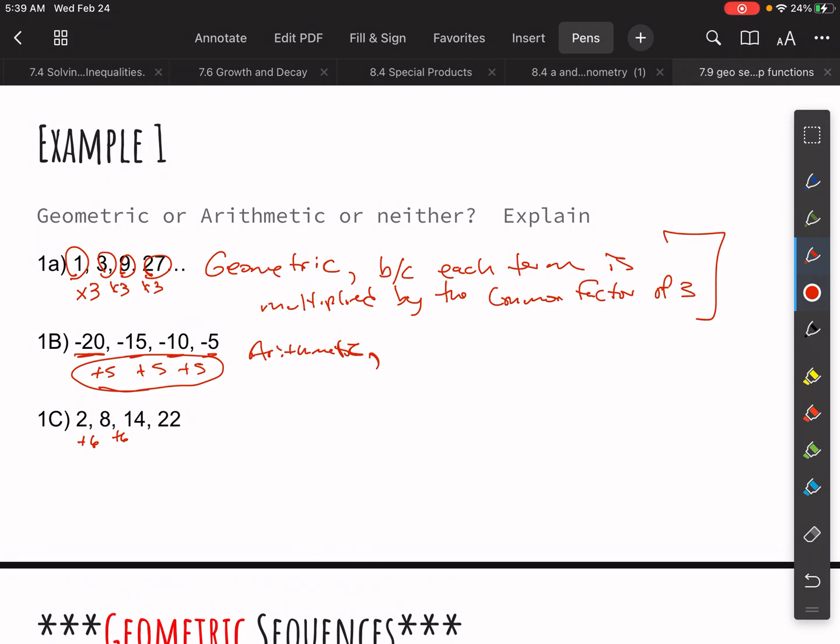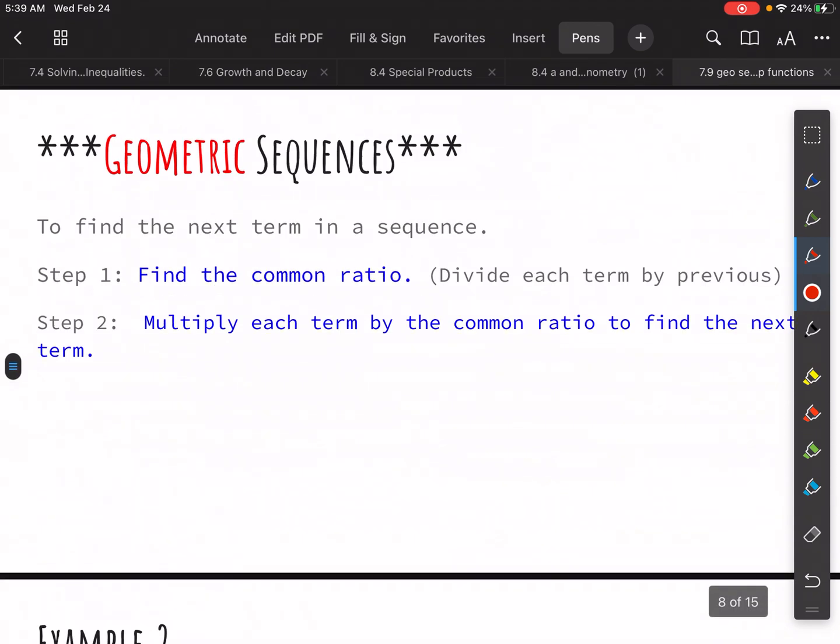Okay, so far so good. If I add 6, though, to 14, I get 20 instead of 22. So notice here, there's no strong pattern throughout the end. We're not multiplying here. We're definitely not adding here. So this is going to be a neither. Okay, so there's an example of a neither.